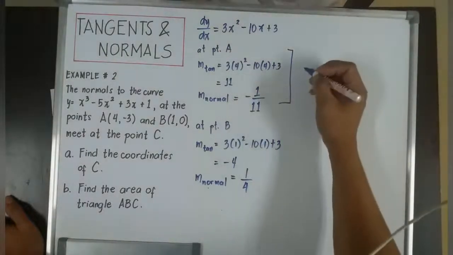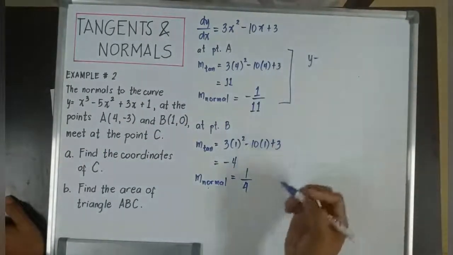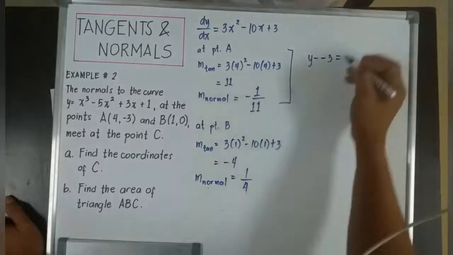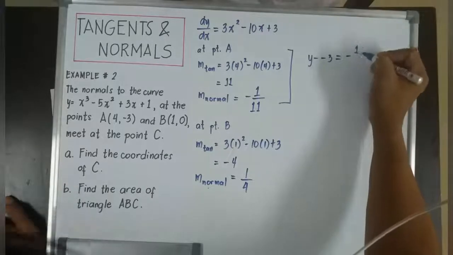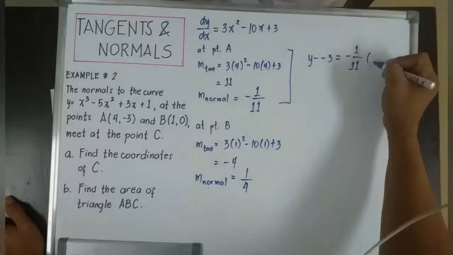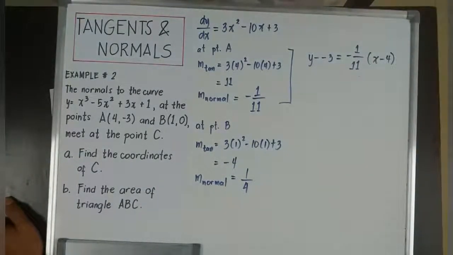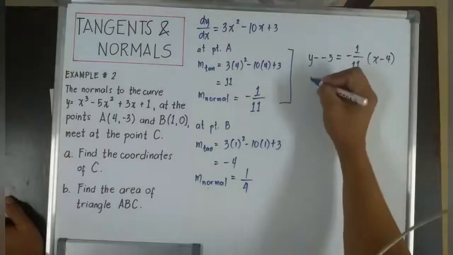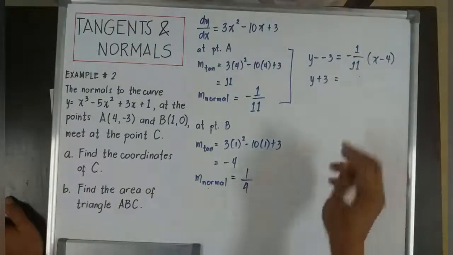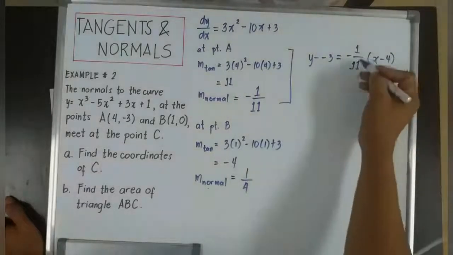So how do we do that? Remember, this is x and y. So y minus negative 3 is equal now to negative 1 over 11 times x minus 4. Therefore this will become y plus 3 is equal to, I will just multiply everything by 11, that's easier because I want to remove that denominator.